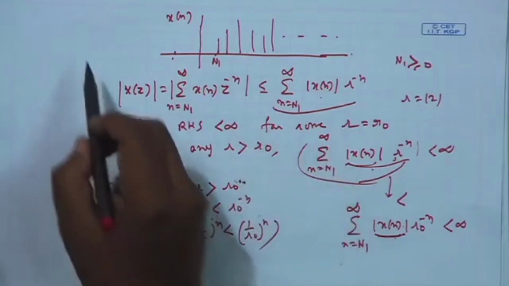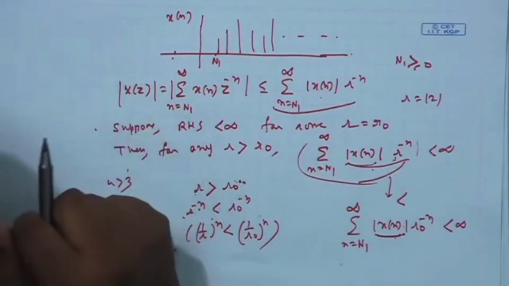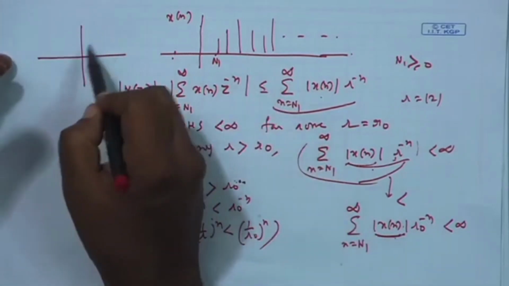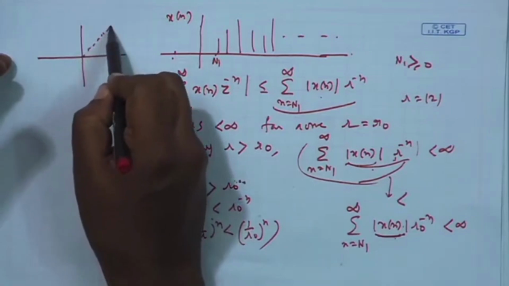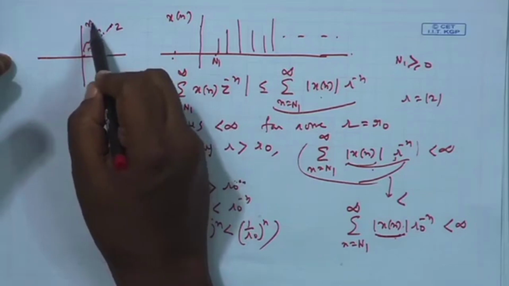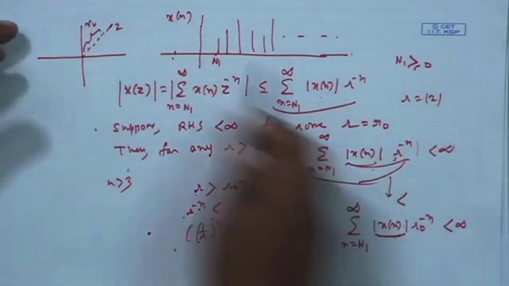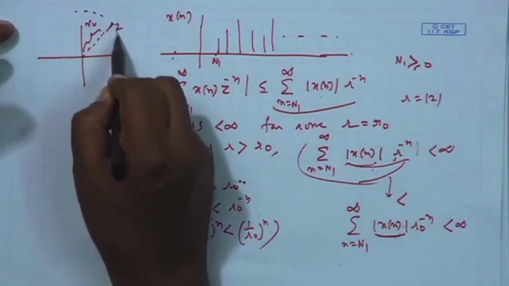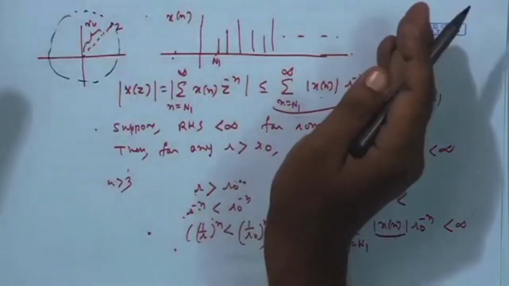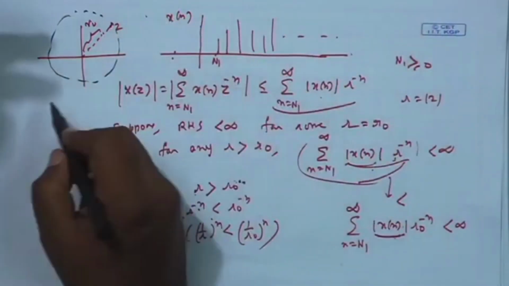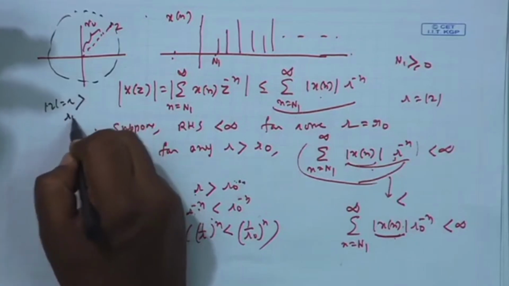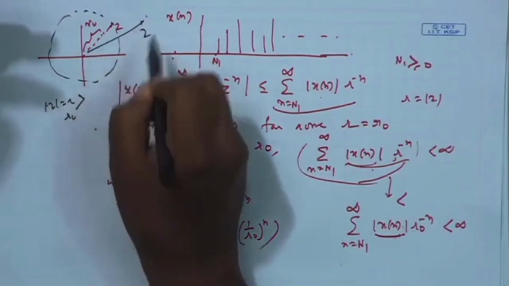Therefore, it means what? If this converges for some z with magnitude r naught, then suppose this much is your r naught and this is a z, and this much is your r naught. You draw a circle through this of the radius r naught. Then for any z outside this circle, magnitude r will be greater than r naught, right, for any z here, say, if it is z here now.